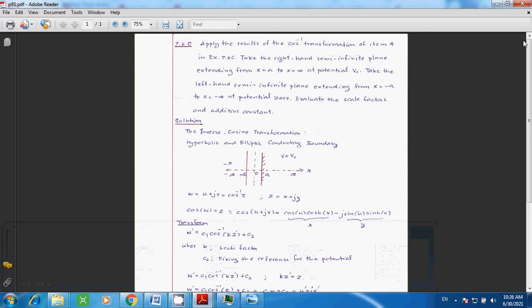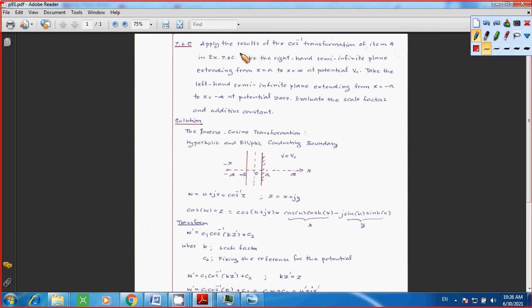Next one is 7.6e. Apply the results of the inverse cosine transformation of item 4 in exercise 7.6c.